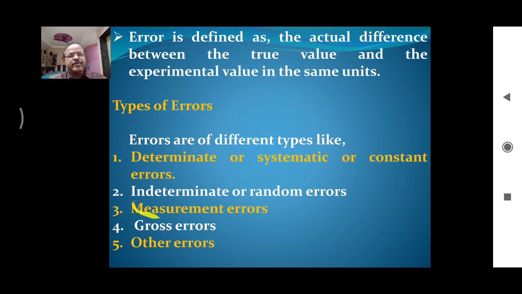The third one is measurement errors. The fourth one is gross errors, and other errors are also there. Out of these types of errors, in our syllabus we are going to discuss only two: the first one is determinate and the second one is indeterminate errors.